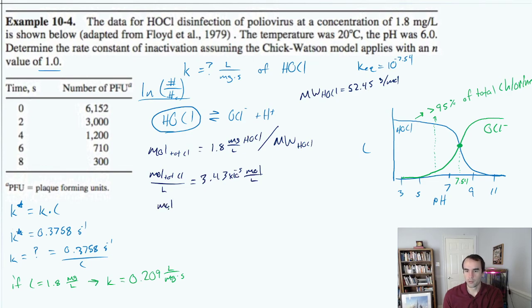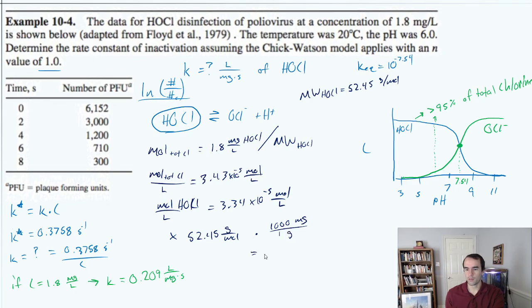The moles per liter of HOCl then, that was 3.34, 97% of that, times 10 to the minus fifth moles per liter. Okay, from there, we need to convert back to milligrams per liter, and so we take this and multiply it by our 52.45 grams per mole, and then multiply it also by 1,000 milligrams per 1 gram.